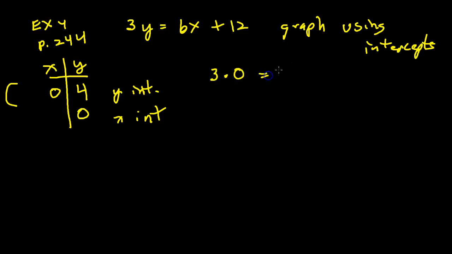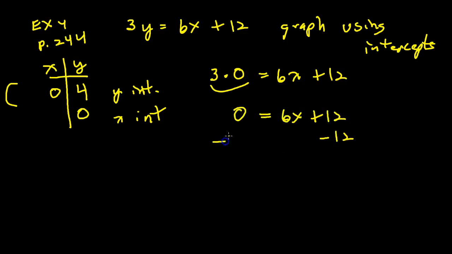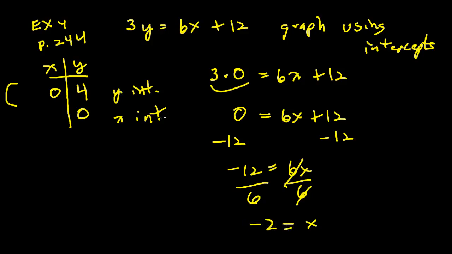I get 3 times 0 equals 6x plus 12. Of course, 3 times 0 is 0, equals 6x plus 12. I'll subtract 12 from both sides. I get minus 12 equals 6x. And dividing both sides by 6, I get x equals, of course, negative 2 on the left. So when y equals 0, x is negative 2. And I claim that's just enough information to graph my line equation.